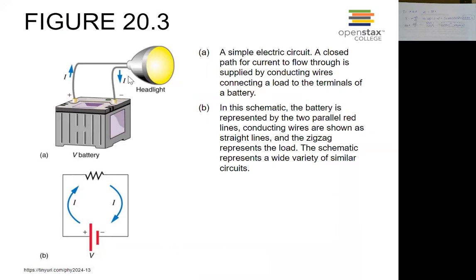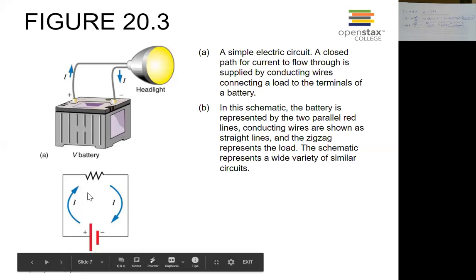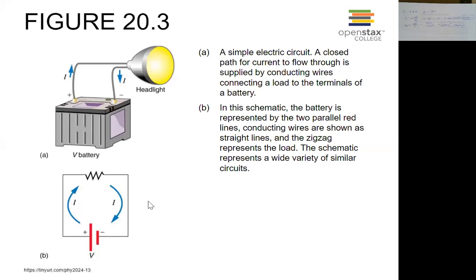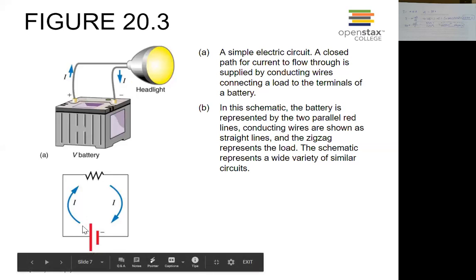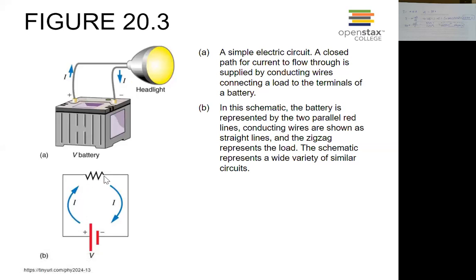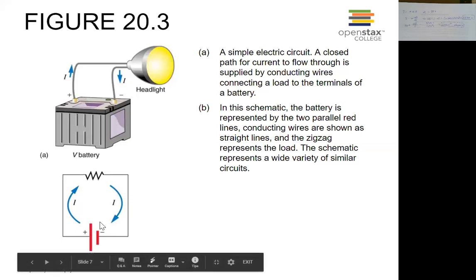And the light bulb is represented by a resistor, a zigzag line like that. So that represents the physical picture here. The current will flow from the positive terminal through this light bulb and then come back to the negative terminal.